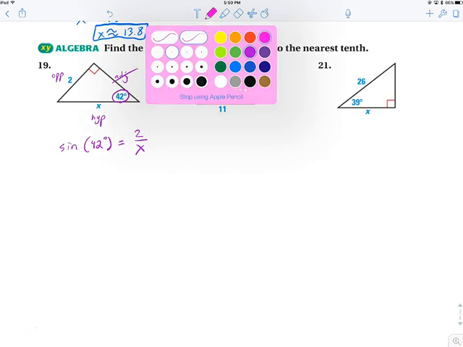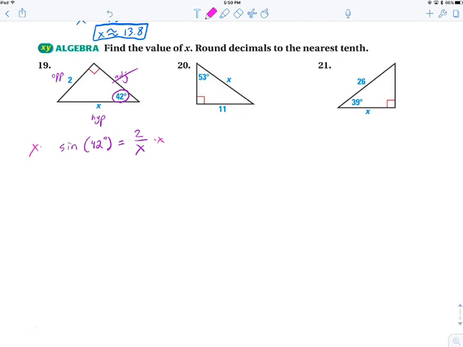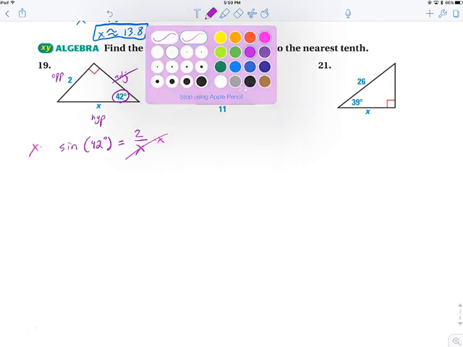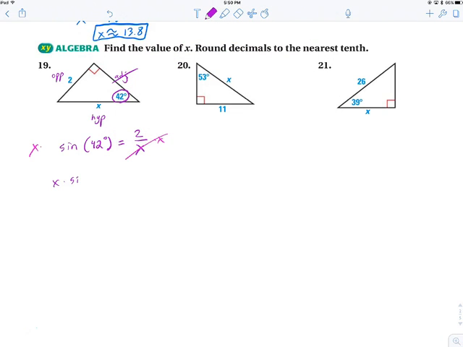We're going to do that same solving, times by x. We get x times the sine of 42 is equal to 2. Then I'm going to divide by the sine of 42 on both sides, and we get x equals 2 over the sine of 42.